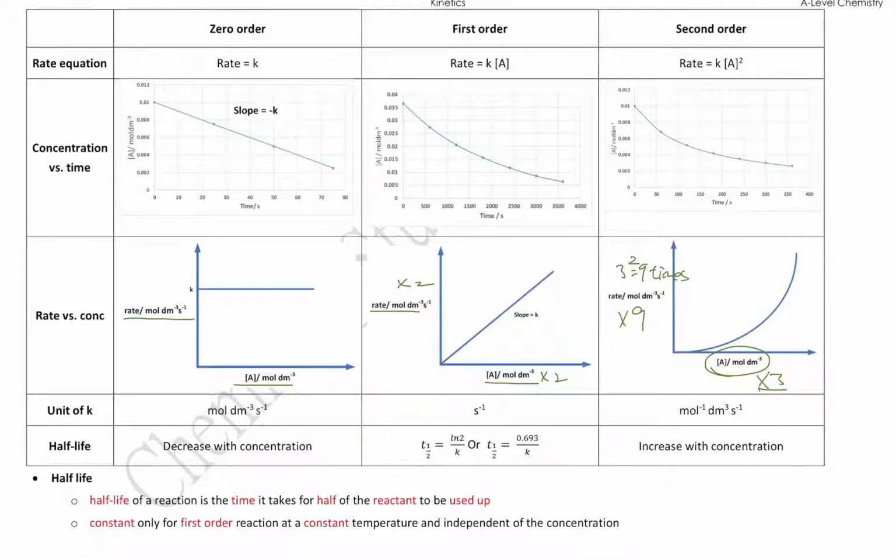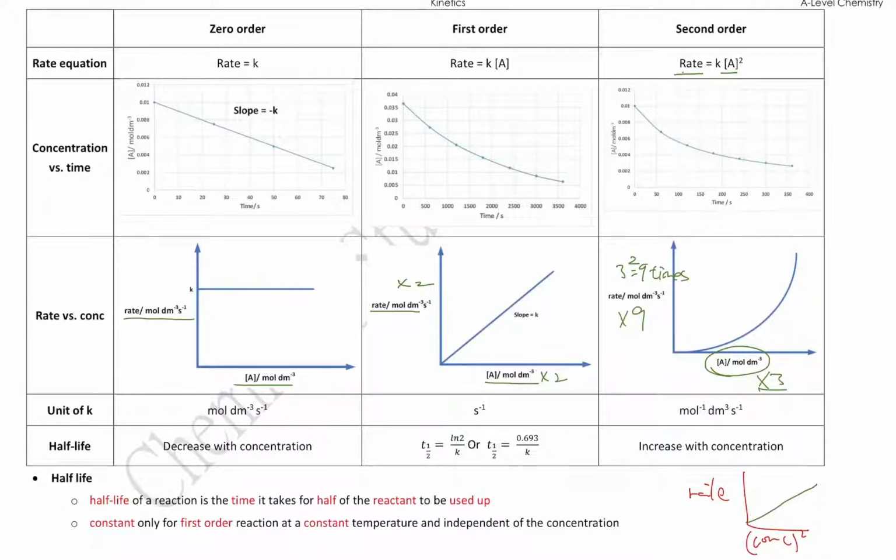And other than rate against concentration, for second order, they may set a special question that puts a graph with rate against concentration squared. This kind of special question has already come up in some of the A-level exams. If you change the x-axis into concentration squared, then it is also proportional, because for second order the rate is not proportional to the concentration, it is proportional to the concentration squared.